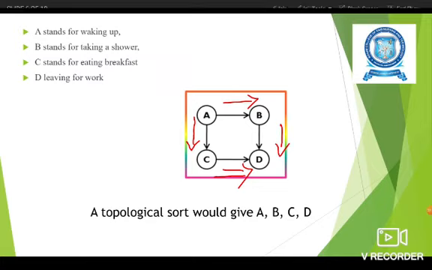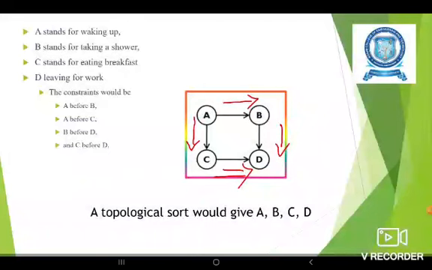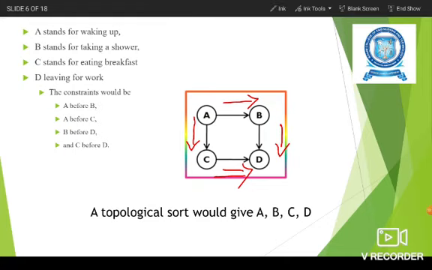Okay. So these constraints are listed here: A before B, A before C, B before D and C before D. Based on these constraints, we are writing a topological order. Which is the topological order we get? It is A, B, C, D. See the constraints.